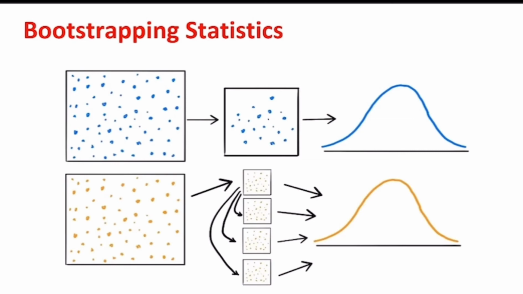Now the idea behind bootstrap statistics is that I choose a sample from a population, and the sample that I choose from the population, I can resample several times. For instance, if I initially choose a sample size of 20 from a population, we have a technique in statistics that can be used to do what I call sampling within a sample. We can do that many times.